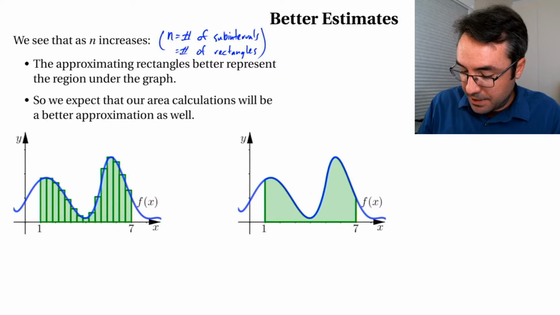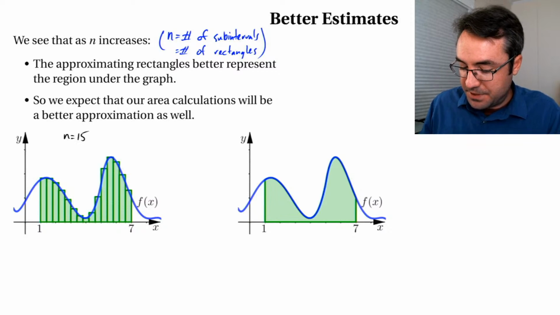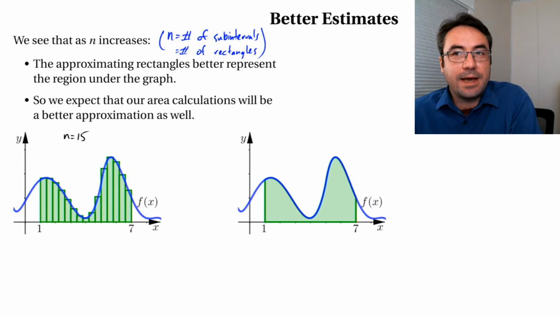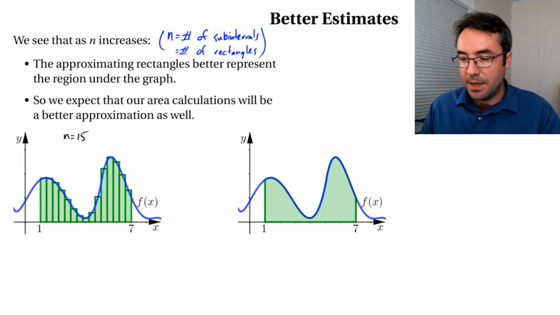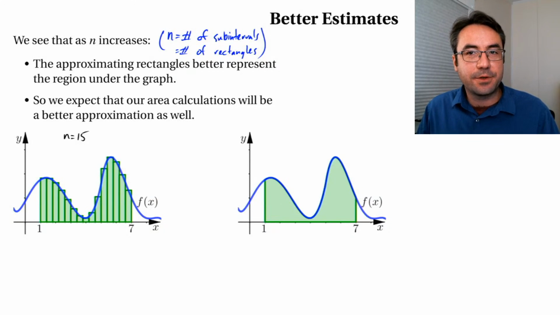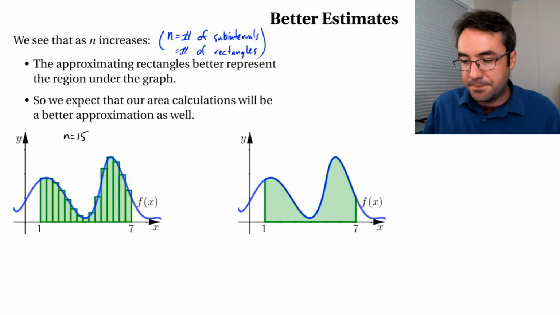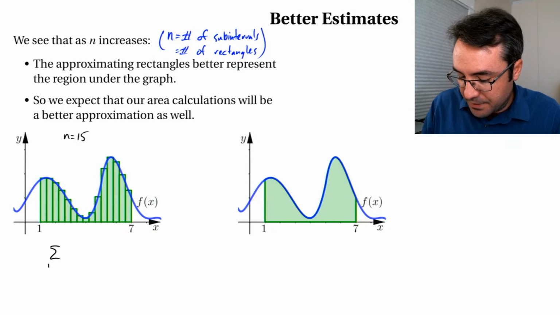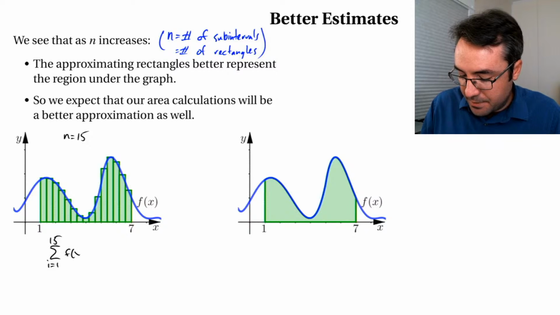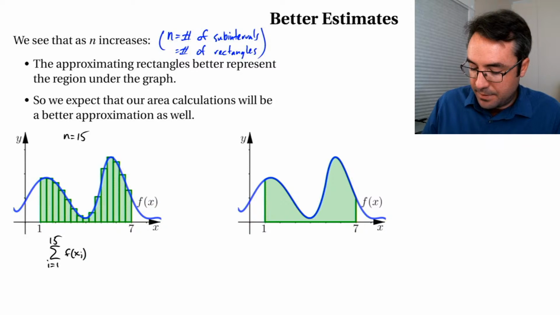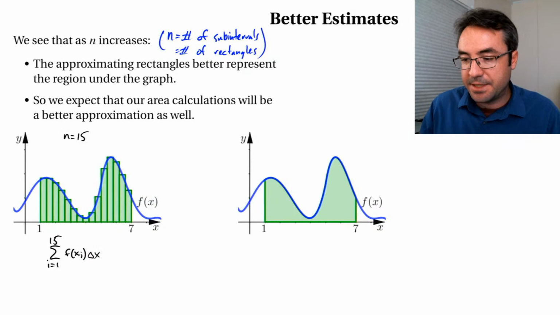And so here's a little example, same graph that we were looking at. This has 15 rectangles. And so if we wanted an approximation for the area under the curve, we would do a Riemann sum. So it'd be the sum from i equals 1 to 15 of the height times delta x.